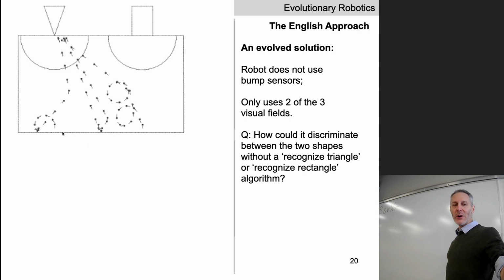And if you squint, you'll notice there are 4 trajectories. 1, 2, 3, 4. All of which end up at the triangle, which is good. And this one gets kind of close to the rectangle, but not too close. This wasn't too difficult. What else can you tell me about this evolved solution?